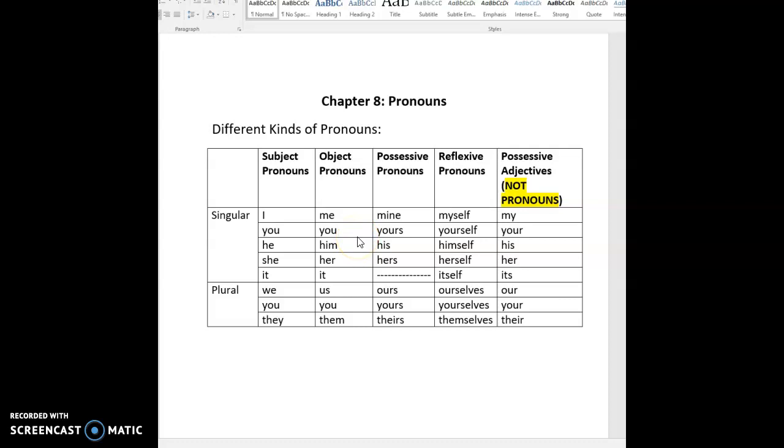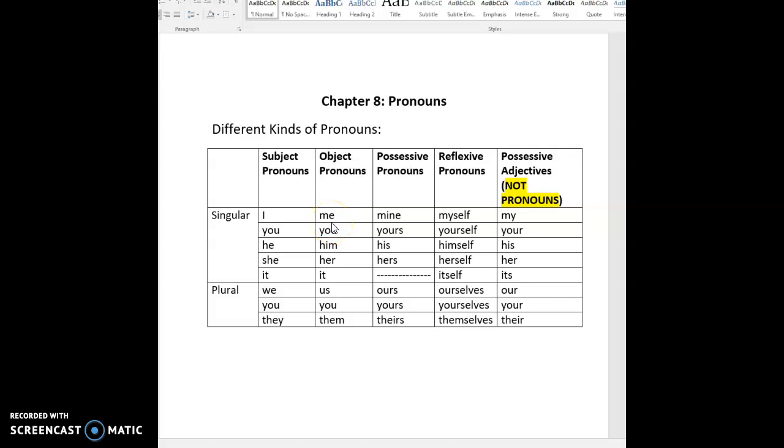Now, let me give you an example of how to use an object pronoun. So it's the object of a verb, or it can be an object of a preposition. So, for example, my friend likes me, okay? So my friend is the subject, likes is the verb, and me, that is the object of the verb.